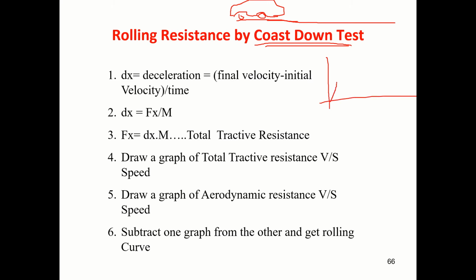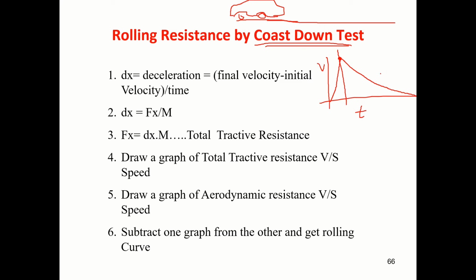Start here, reach a certain speed value, then you switch off. Correct? Velocity versus time. Then vehicle speed slowly decreases and vehicle will come and stop at one point. Okay, this is the point to switch off.